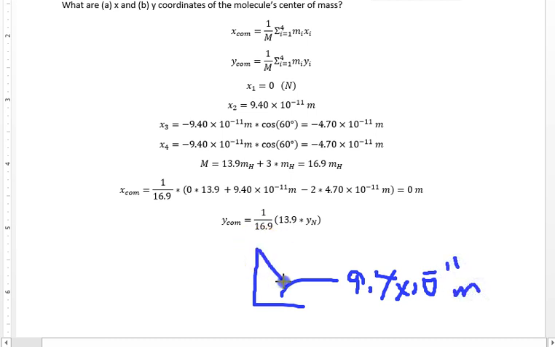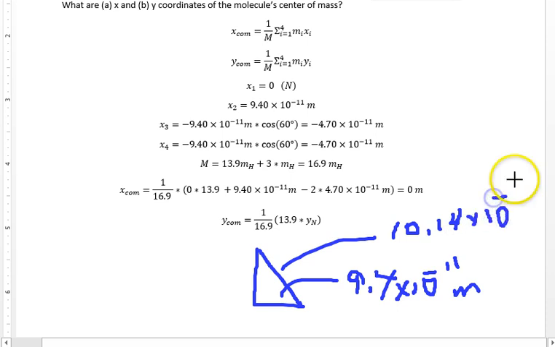And we also have the distance L they give us, 10.14, which is the nitrogen-hydrogen distance, just a little over an angstrom, 10 to the minus 11 meters. Since we have a triangle here, we just need to find that side.